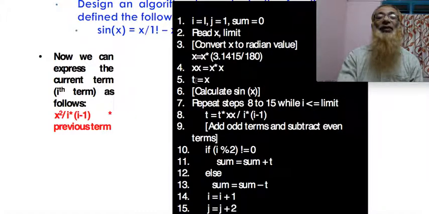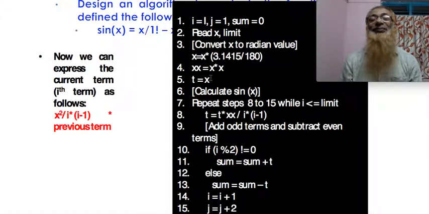We have to find an initial value which cannot be iteratively constructed, and in this case that term is nothing but x by 1 factorial that we have computed here, t equal to x. Once the first term is generated, all other terms will be generated from the previous terms.